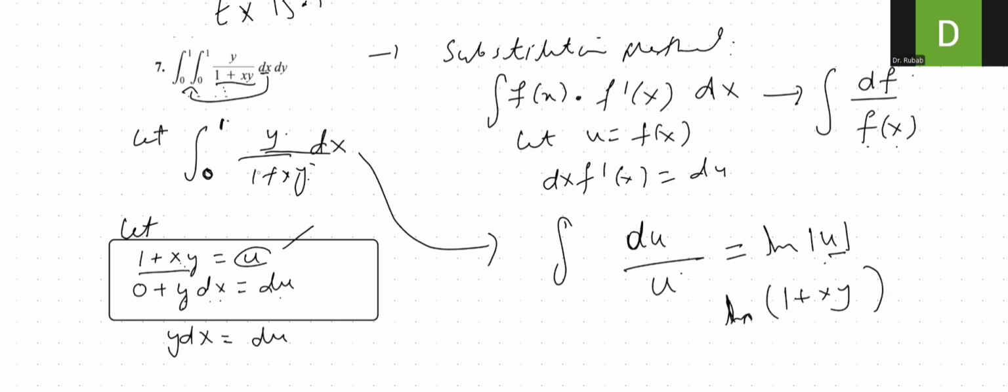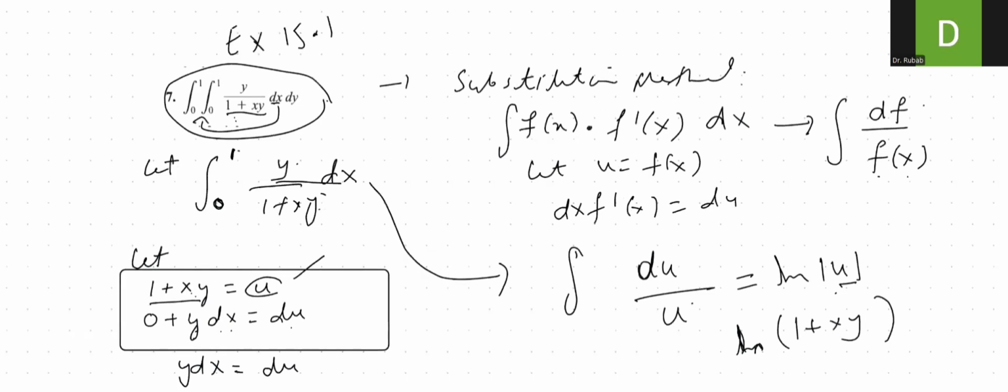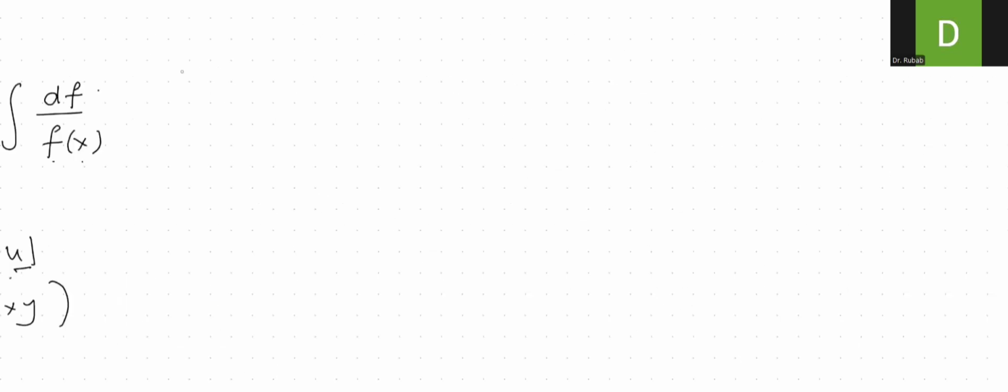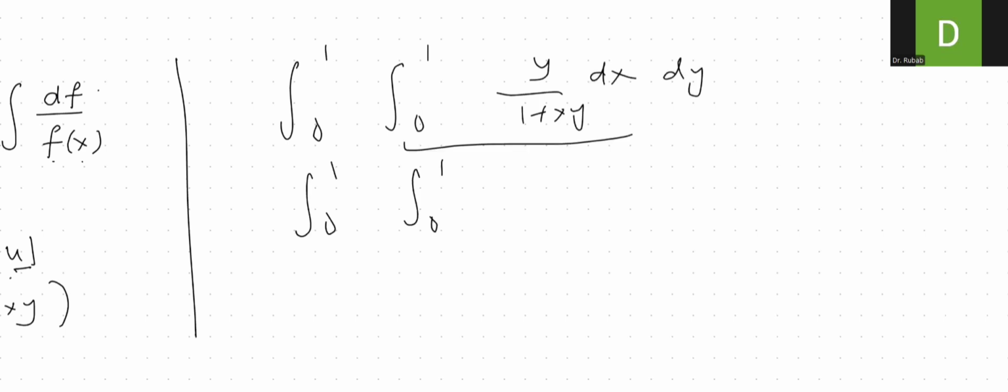So we go back to the question again. Now I do it more quickly. The question is the integral from 0 to 1, 0 to 1, of y over 1 plus xy, dx and dy. Now I will do the interior integral first.